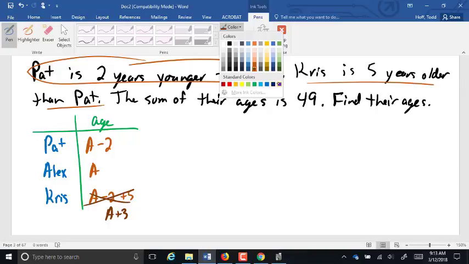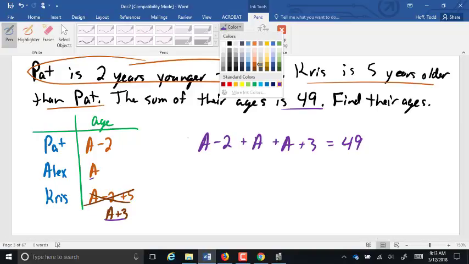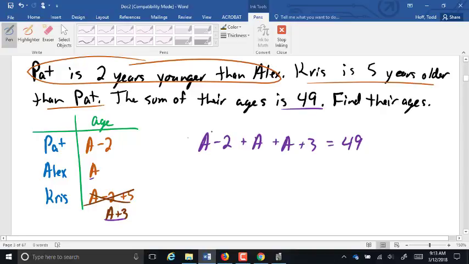So now if we put those all together, they add up to 49. Pat's age is A minus 2, plus Alex, which is A, plus Chris, which is A plus 3, adds up to 49. A and A and A make 3A.